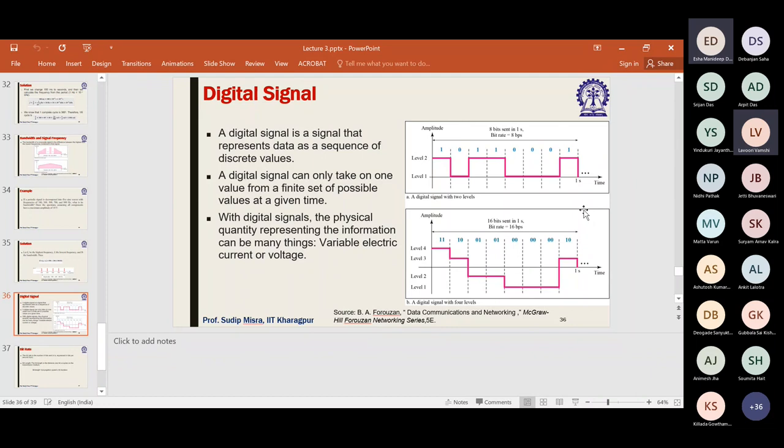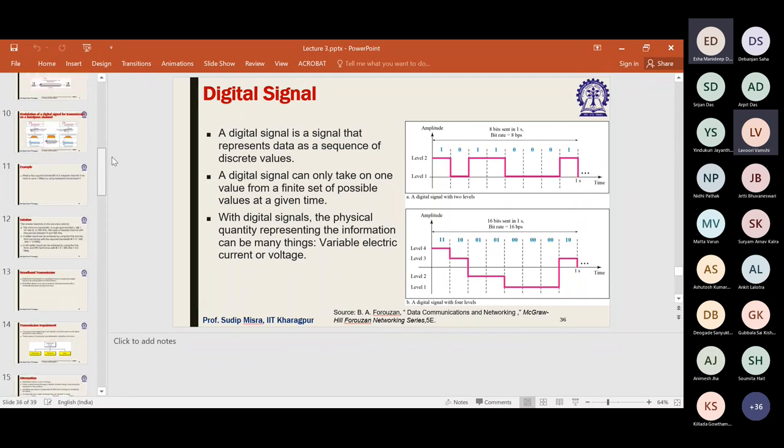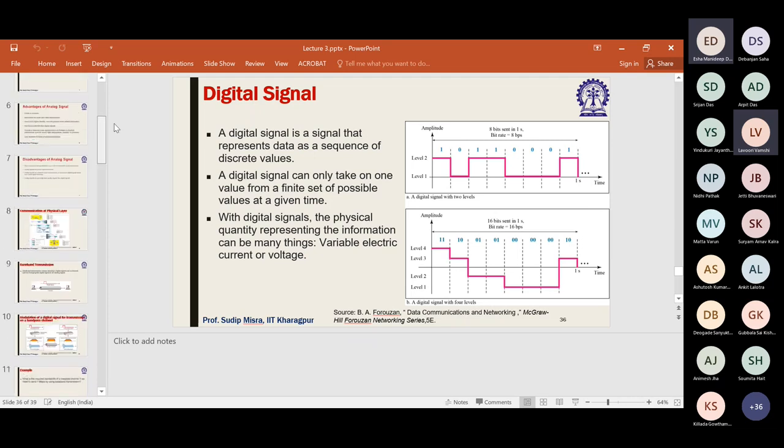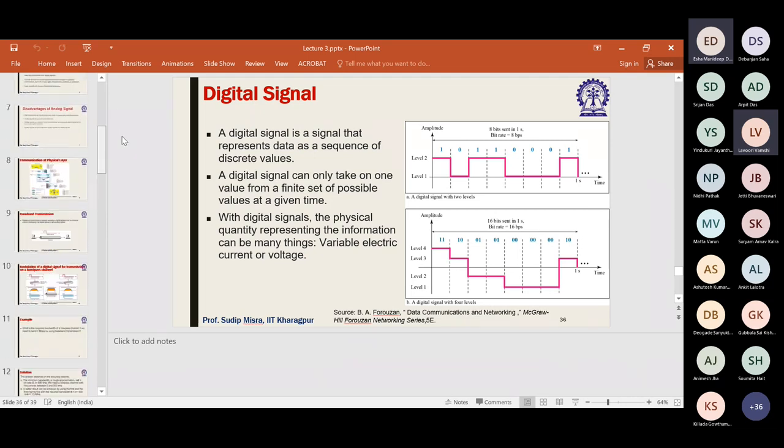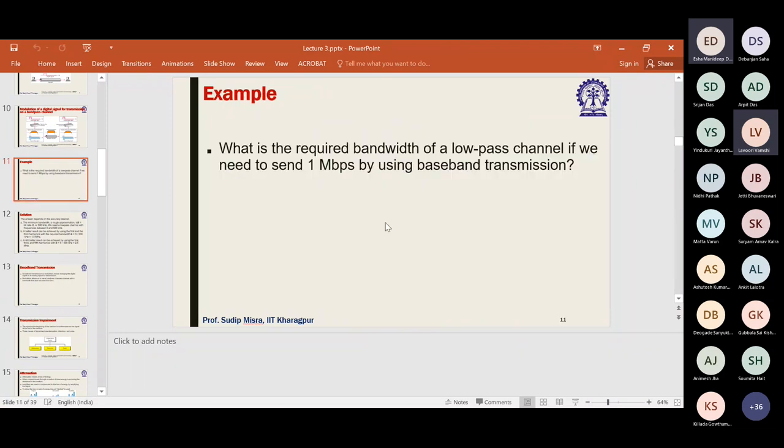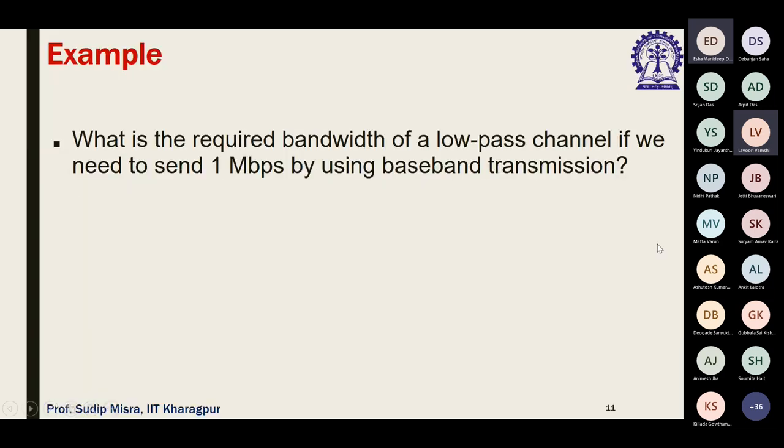Okay, so now let us go back and try to understand what I was doing over here. Now you see that the required bandwidth is N by 2, through some approximation.